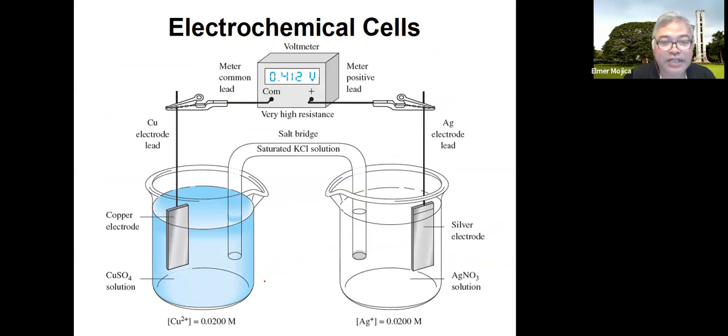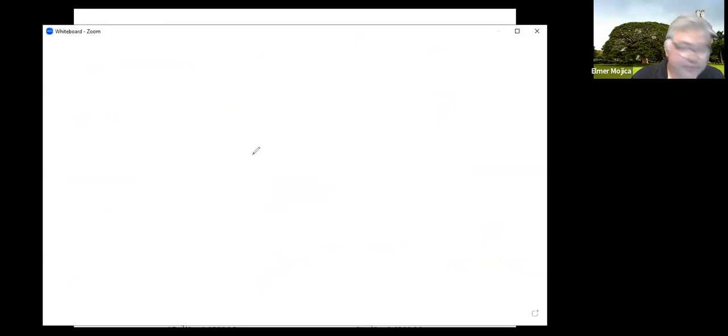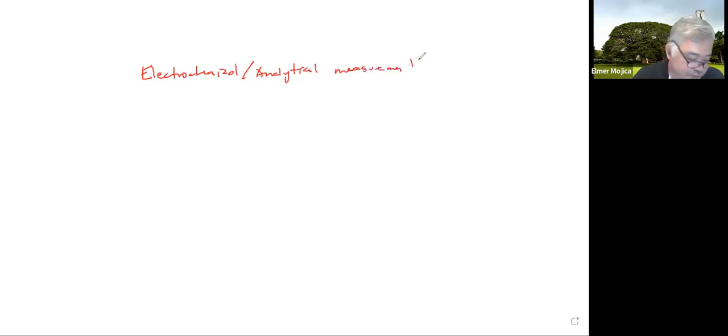Before we could say, I go to that one. Okay. So if you're going to look at the electrochemical or analytical measurements here, what do you think they are in nature? Homogeneous or hetero? What do you think?